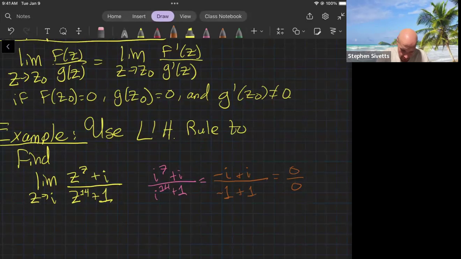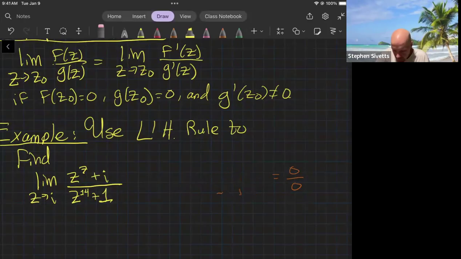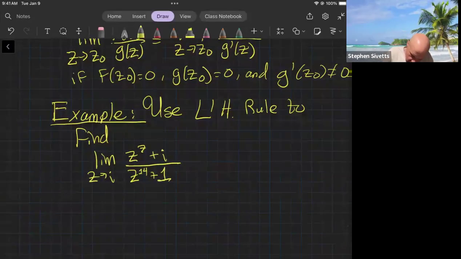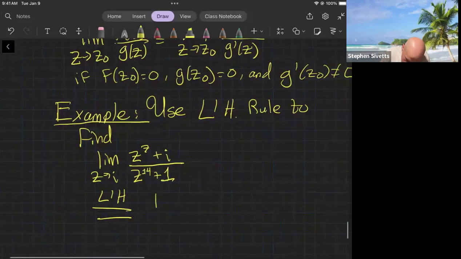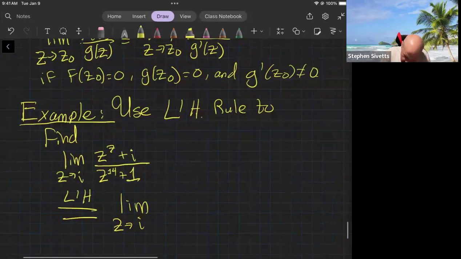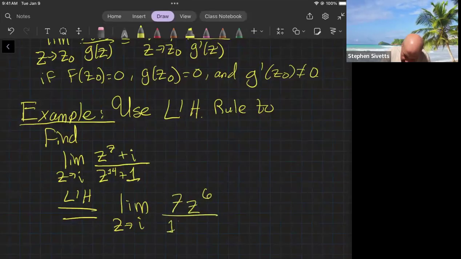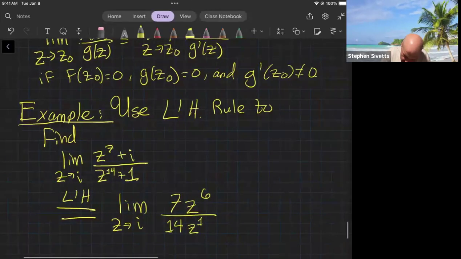So we're going to apply L'Hopital's rule. The first step is to check that you have an indeterminate form, 0 over 0 or infinity over infinity. By L'Hopital's rule, this is equal to the limit as z approaches i of the derivatives, 7z to the 6th divided by 14z to the 13th.